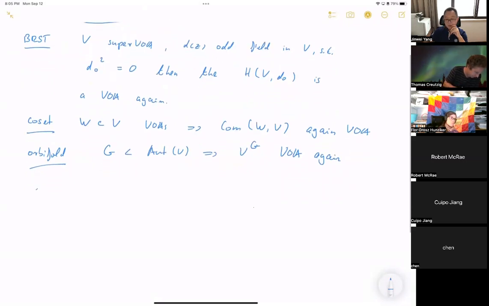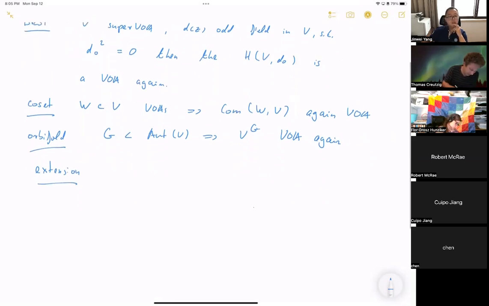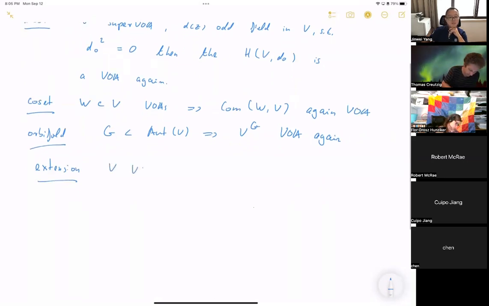So what else can we do? We can do an extension. These first 3 constructions were looking at subalgebras and quotients of subalgebras. Extension is doing the opposite.